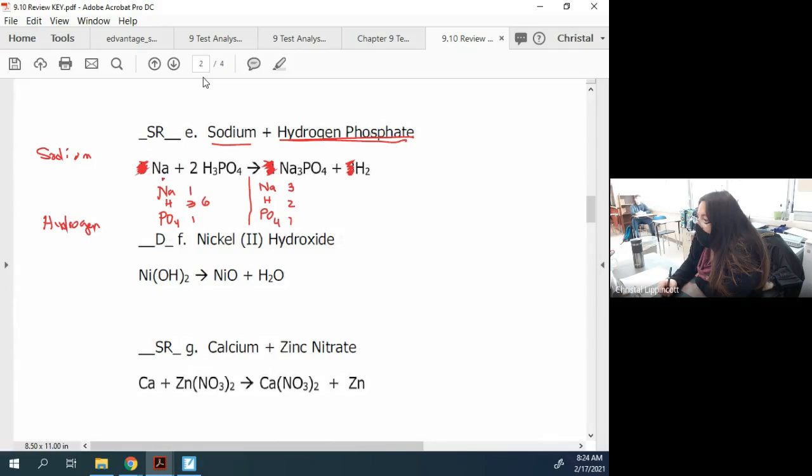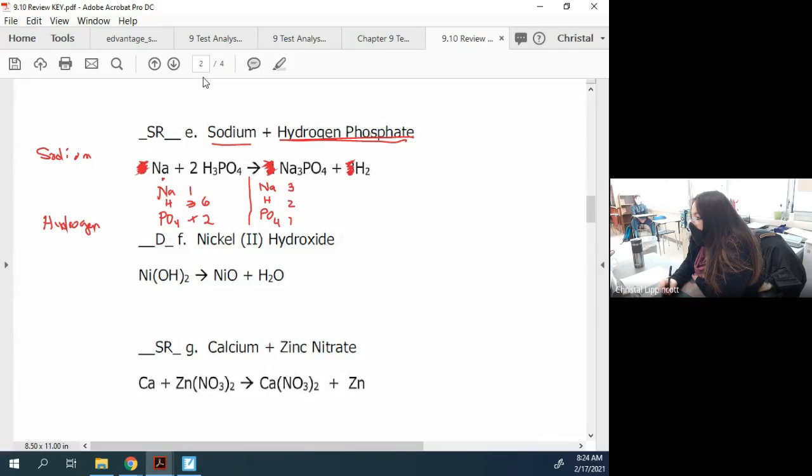That also affects my phosphate. How many phosphates do I have now? 2. There you go. So now I need to come over here. I need to get my phosphates up to 2.